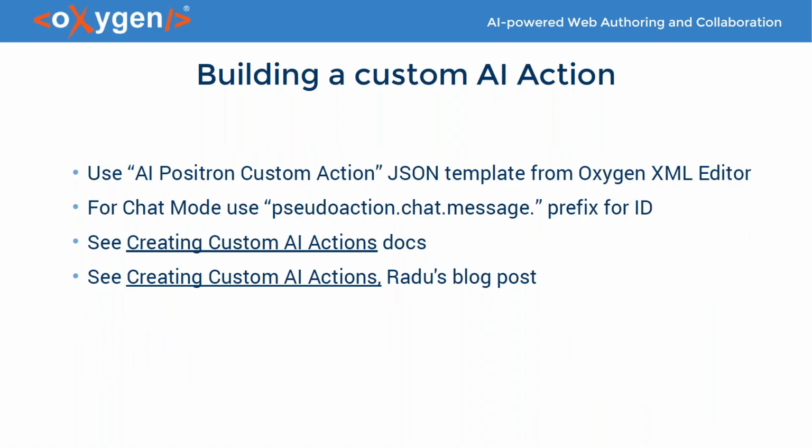If you want to define a chat mode, you have to specify this prefix for the ID. And if you want more details, you can open those documentation links where you can see all the details that you can specify in the action JSON descriptor file.